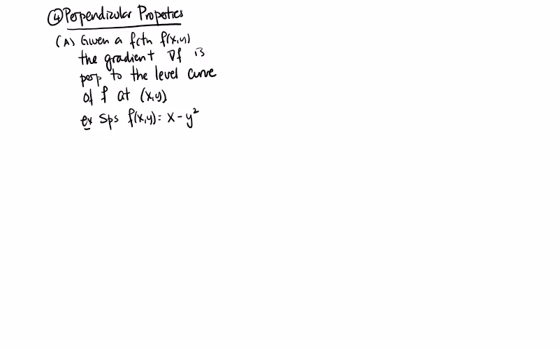And let's look at a particular point, say the point 2, 6. Now, if I plug this in, we get 2 minus 6 squared, which is negative 34. So what this means is that the point 2, 6 is on the level curve where this is equal to negative 34.